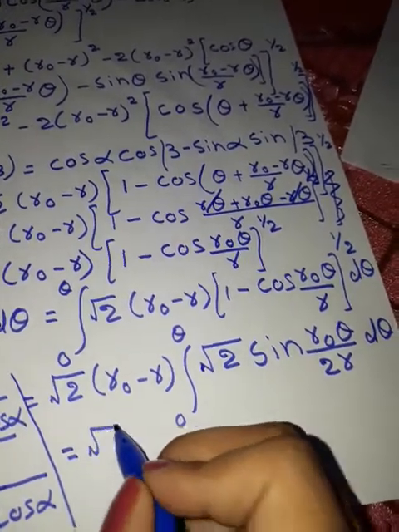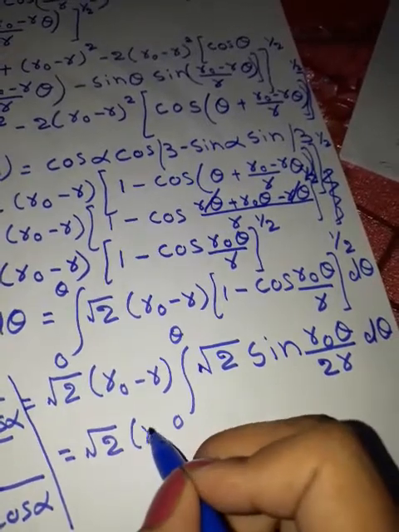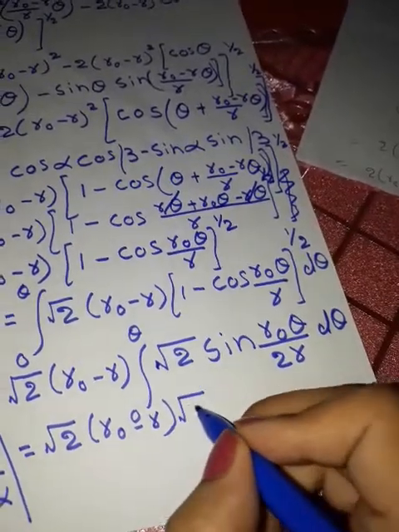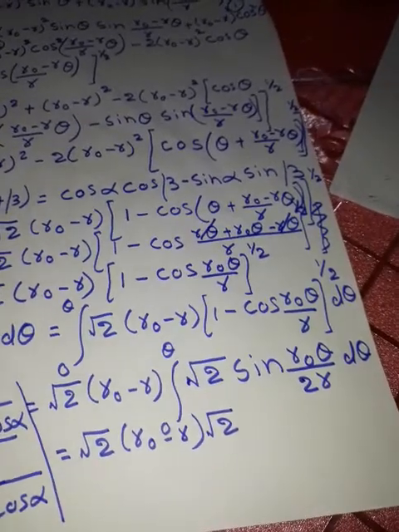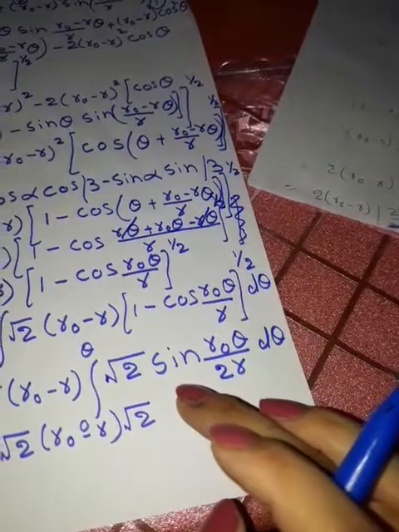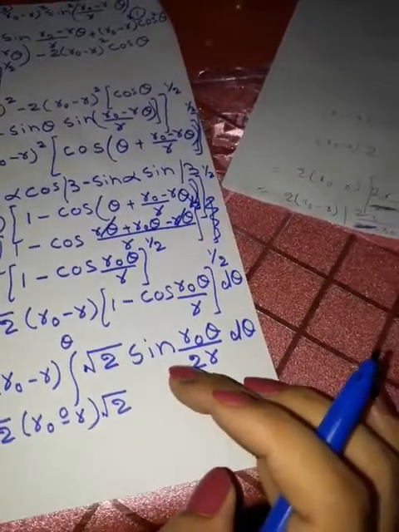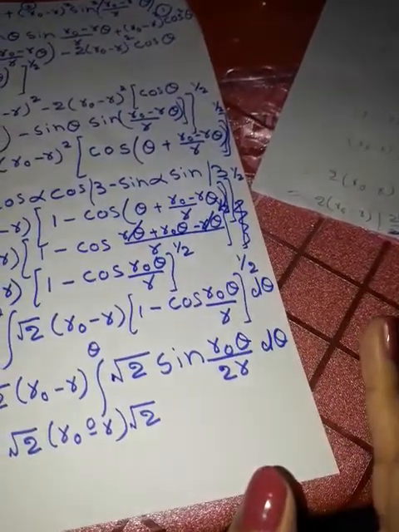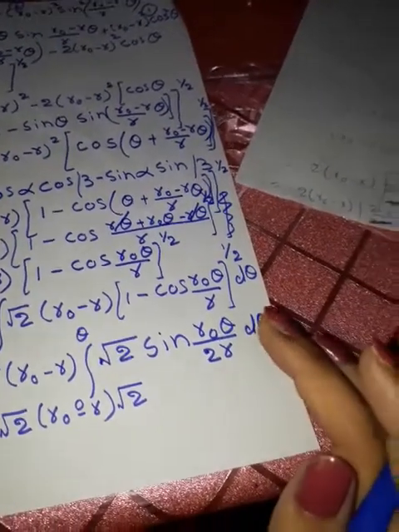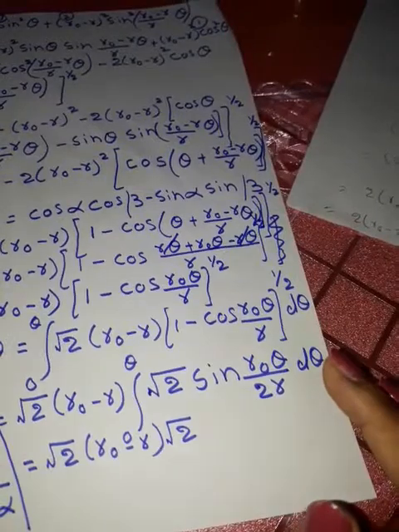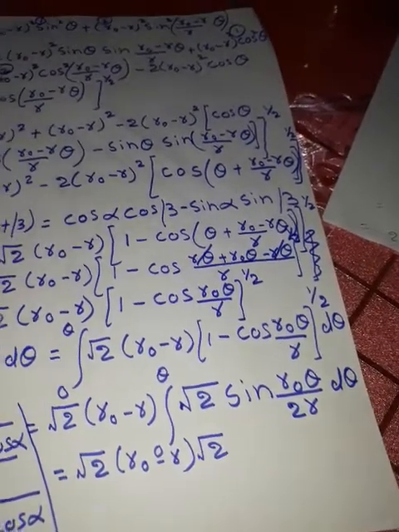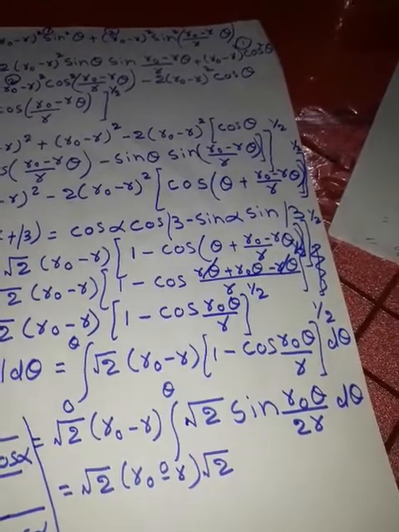It is equal to under root 2 r naught minus r. Under root 2 is again constant. I know that integration of sin x with respect to x is minus cos x, and integration of sin ax with respect to x is minus cos ax divided by a.